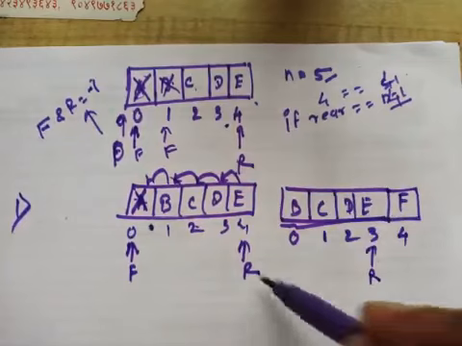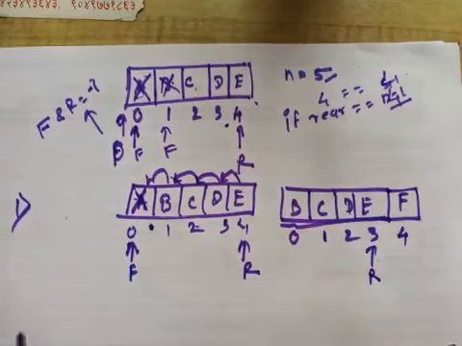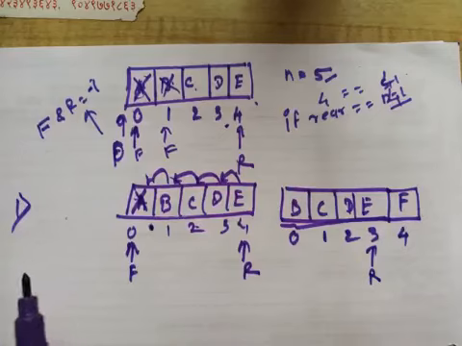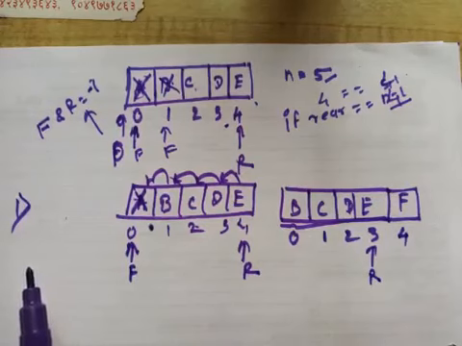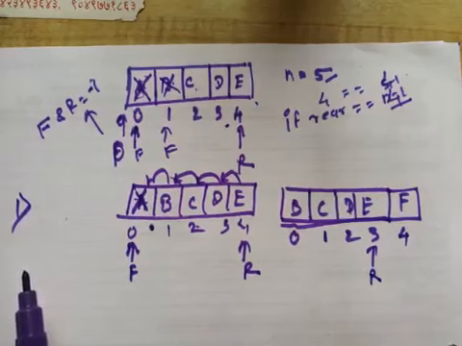But the problem with this technique is, it is okay if your queue size is 5, but suppose your queue size is 1000 elements or more, so this will become time consuming. Suppose you delete one element at the starting position, index location 0.